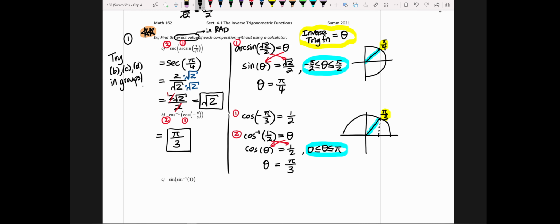So you have to evaluate the inside function first and then the outside function. For example, negative pi over 3 satisfies the equation cosine of theta equals 1/2, but it's not in the restriction. You have to find the radian measure that satisfies both. At any time if you have questions, stop me so we can discuss.